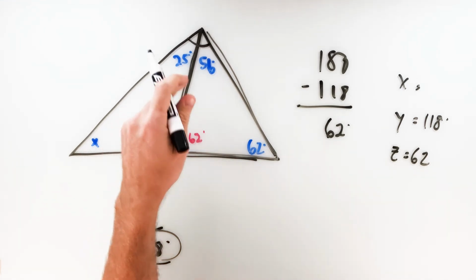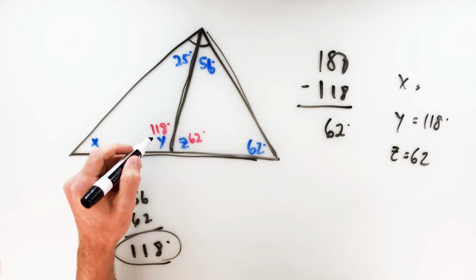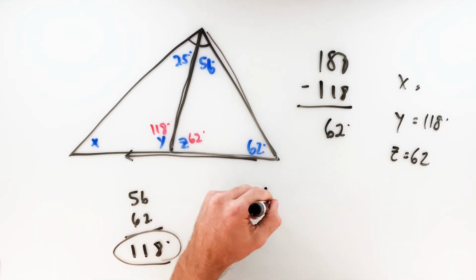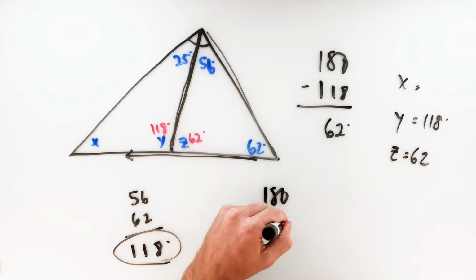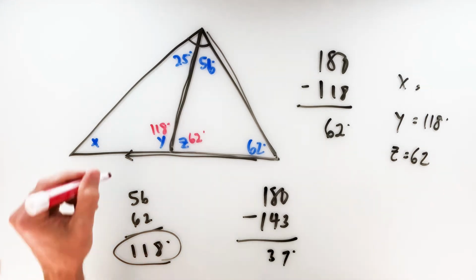So I've got 118 plus 25. If you add those together, 118 and 25, that is 143. So if I take 180, subtract that 143, it's going to get me 37. So angle X over there, 37 degrees.